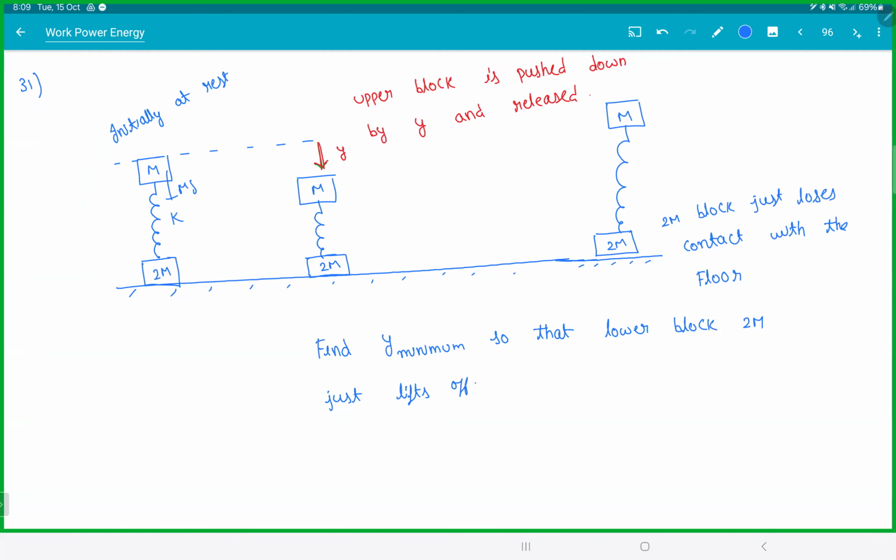Initially, the spring is not in natural length. The spring must have been already compressed a little, or else this mg weight will not be balanced by anyone. That means when you pushed it y further, the spring is not in natural length. It is already compressed by some amount, and on top of it, you pushed it by y. I hope you're getting it.